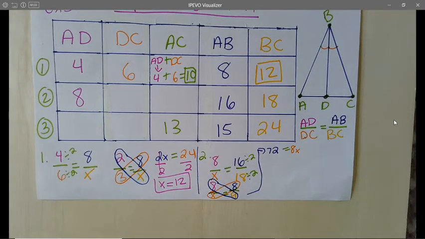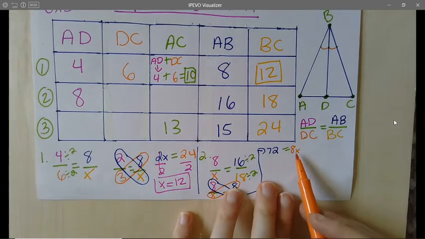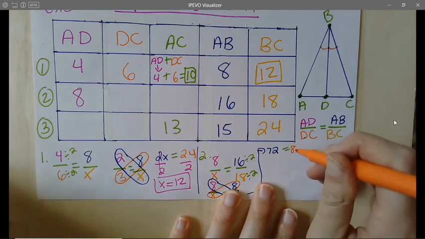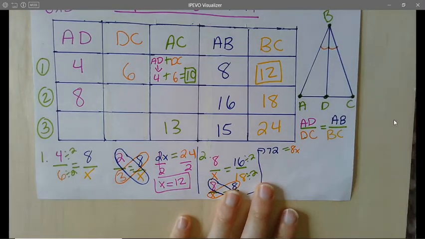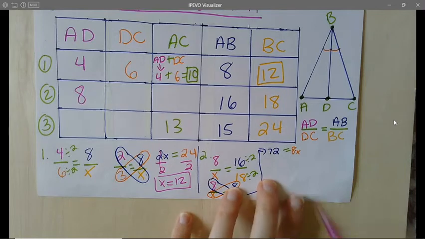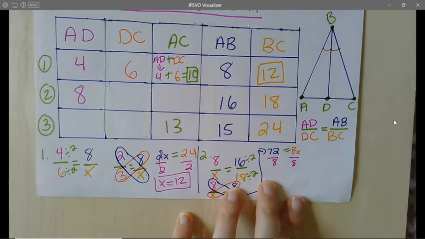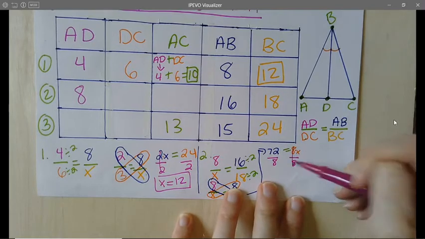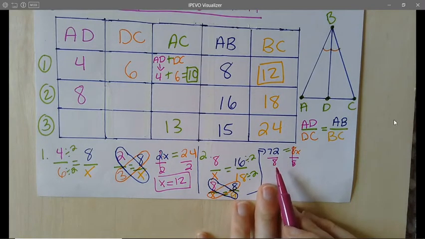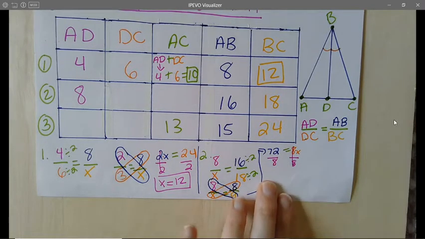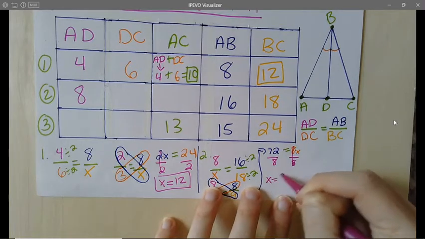Alright, let's solve for x, you guys. So I need to bring 8 to the other side, which currently these two are secretly multiplying. Okay, and the way that I bring 8 to the other side in this case would be to divide by 8. So I'm going to divide both sides by 8. 8 divided by 8 cancels and turns to 1. 72 divided by 8 would give me a 9. So I know x is 9 in this case.